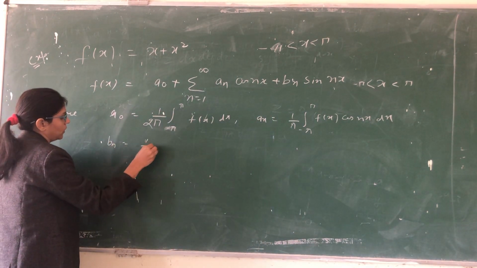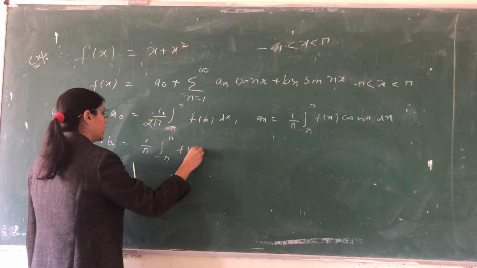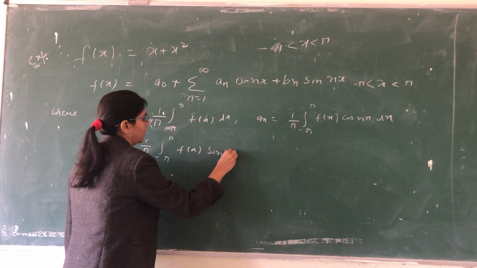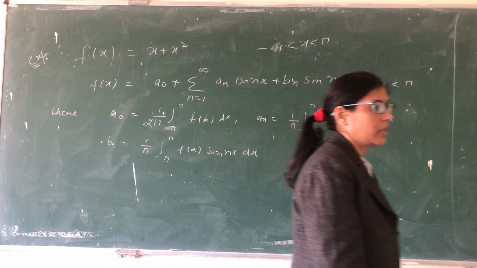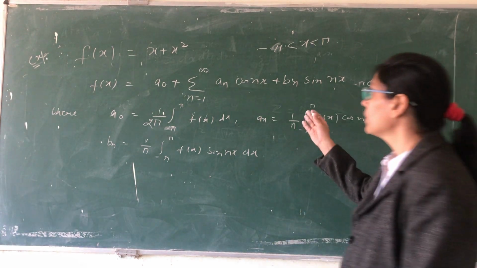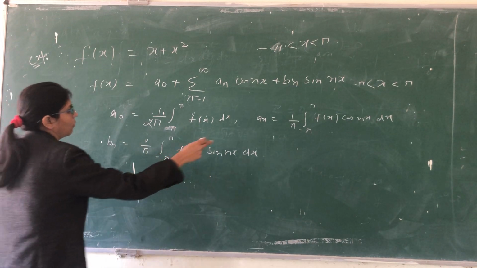Bn is 1 upon pi integral minus pi to pi f of x sin of nx dx. तो किसी भी फंक्शन को we can represent in a Fourier series form applying these and finding the values of a0, an and bn using these formulas.